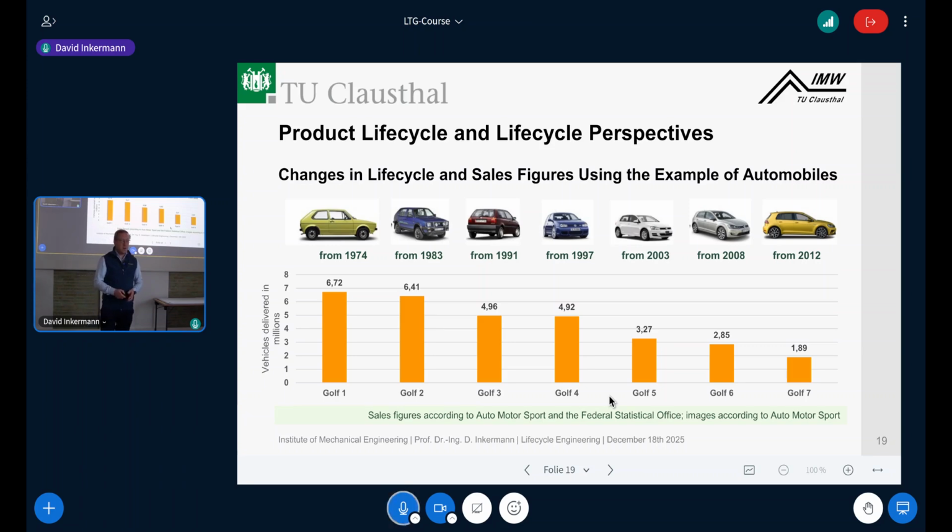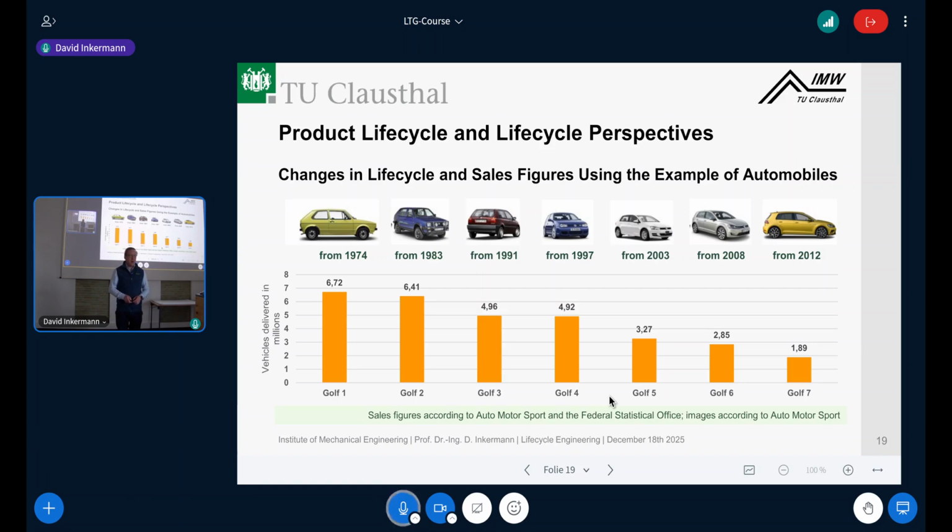So the years given here are the years when this model, so Golf 7, for instance, enters the market, yes? And each bar is then showing how many millions of vehicles were delivered over time. And what you can see, let's first take the time scale.